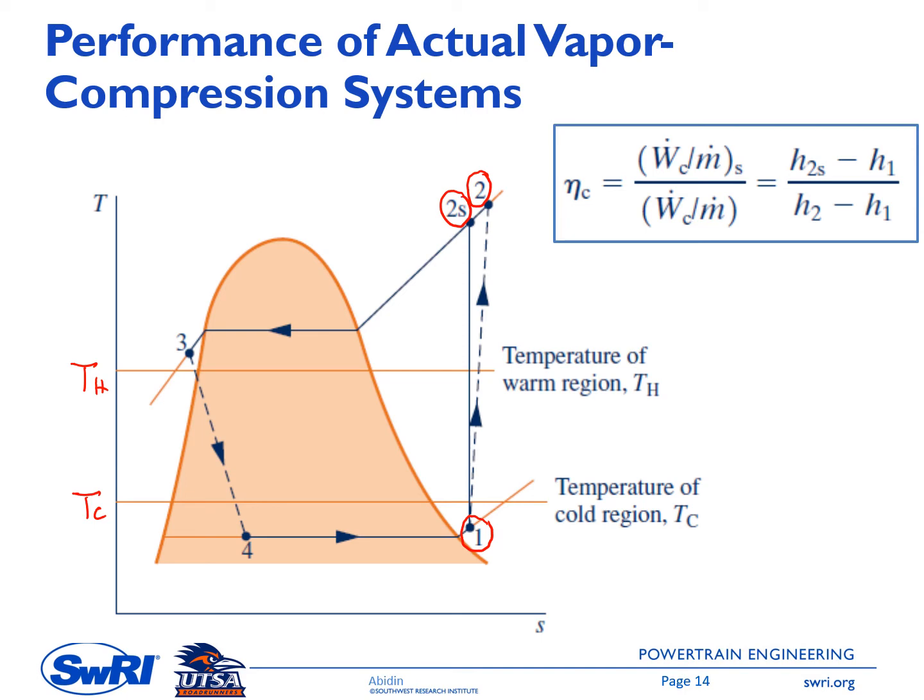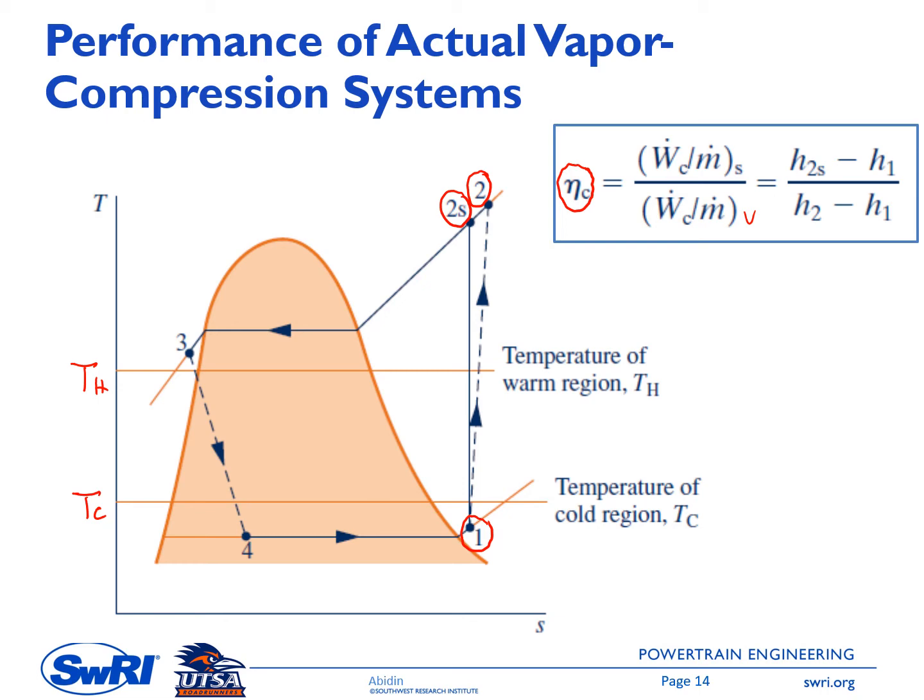Because of this internal irreversibility, we have one more parameter here, which is called compressor efficiency, or isentropic efficiency. This is the ratio of the isentropic compression work over the actual compression work. So this is H2S minus H1 over H2 minus H1.